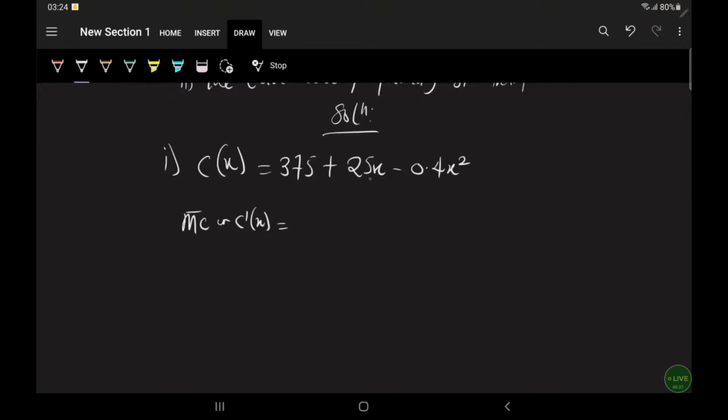And you come and differentiate 25x, you're going to arrive at what? 25. Is that okay? Minus, and when you differentiate 0.4x squared, what's going to be the effect? So 2 multiplying the 0.4 and subtract 1 from the 2, so you're going to arrive at 0.8 what? x. So this becomes what? My marginal cost function. I believe that is clear.